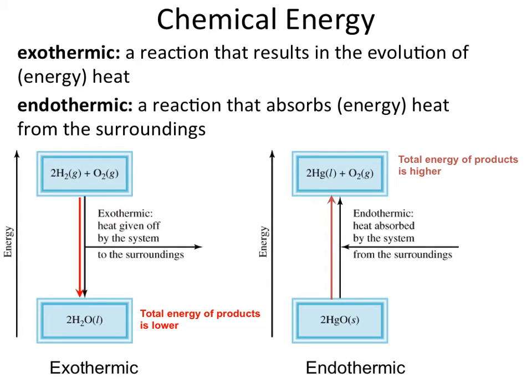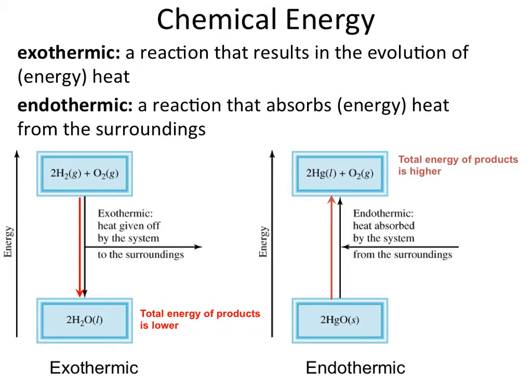So the interplay, or that law of conservation of energy, is directly related to our reactant and product states, as well as whether heat is absorbed or expressed from the reaction type. Exothermic reactions are going to evolve heat, so they're going to give off heat because we're going from reactants in a higher energy state to a lower energy state.